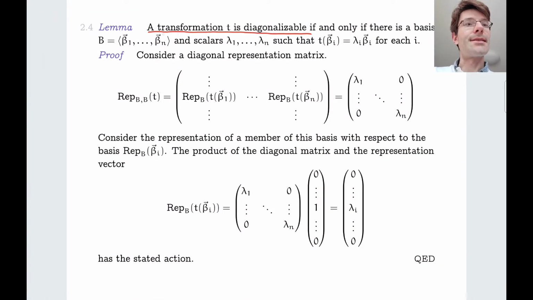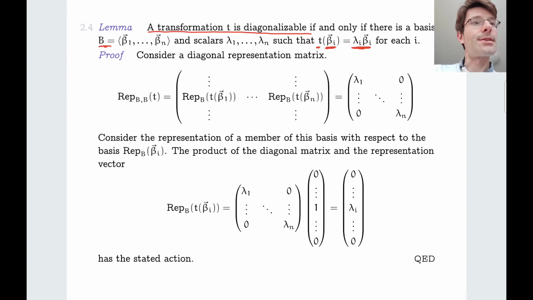And now the lemma says a transformation T is diagonalizable if and only if there's a basis B such that T, the transformation applied to a basis element, is a multiple of that same basis element. That's basically a restatement of the definition, but let's look at it in slightly more detail.